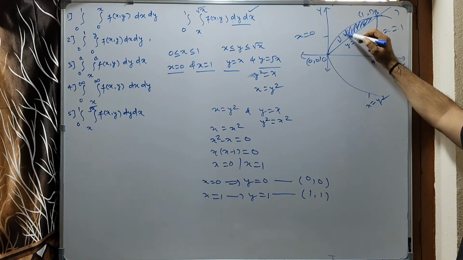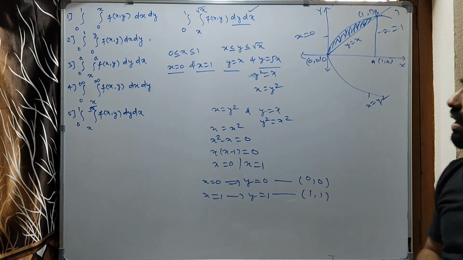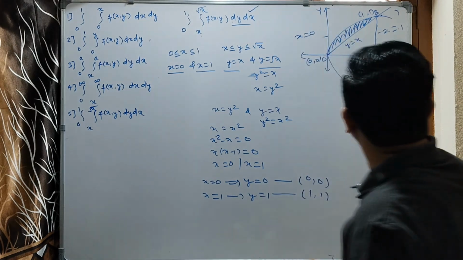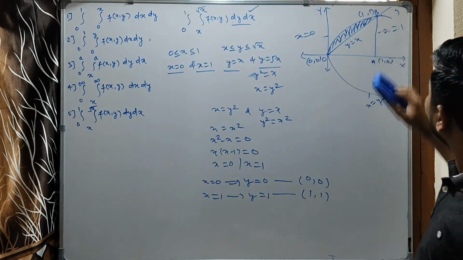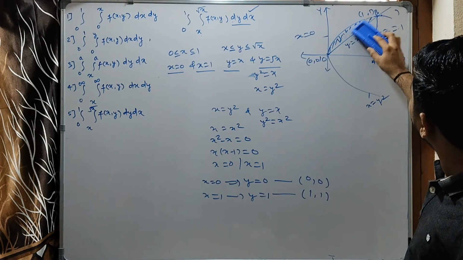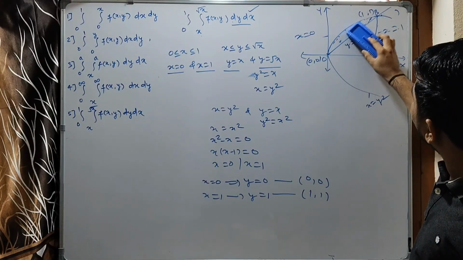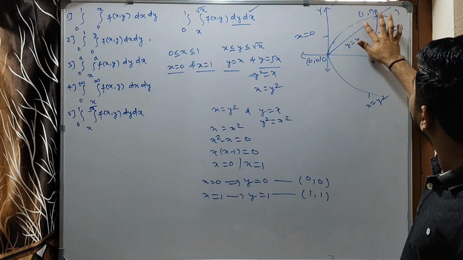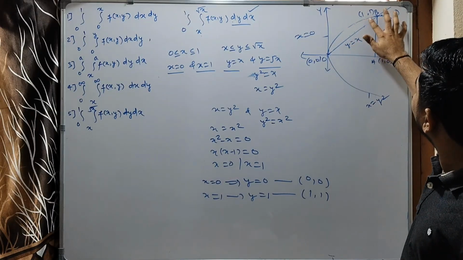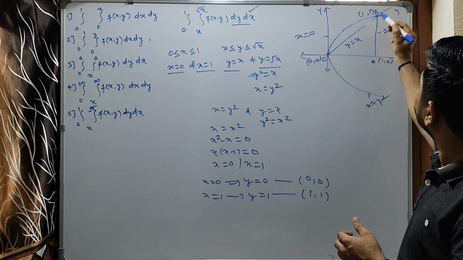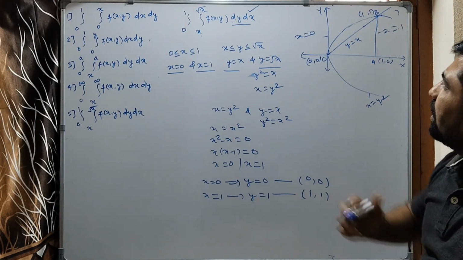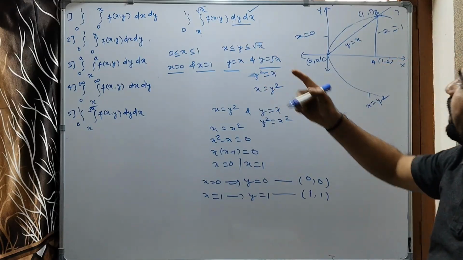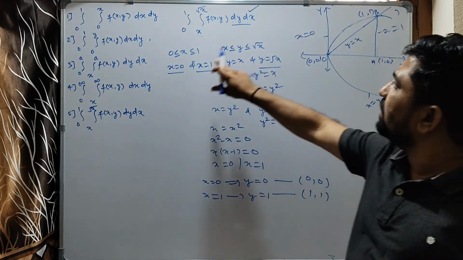Now I want to cover this region with the help of the vertical and horizontal strip method. Just observe one thing. In the question, we first integrate with respect to dy and then dx, and these are the limits.